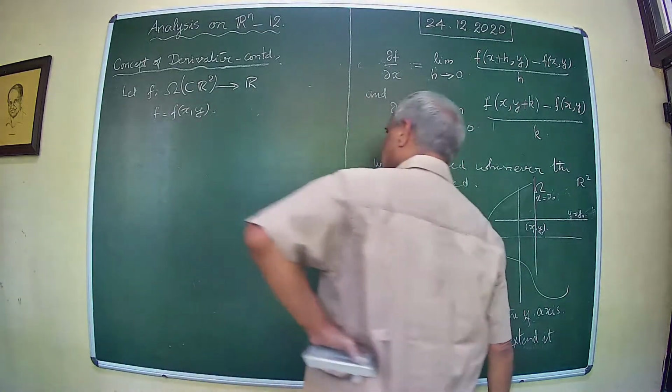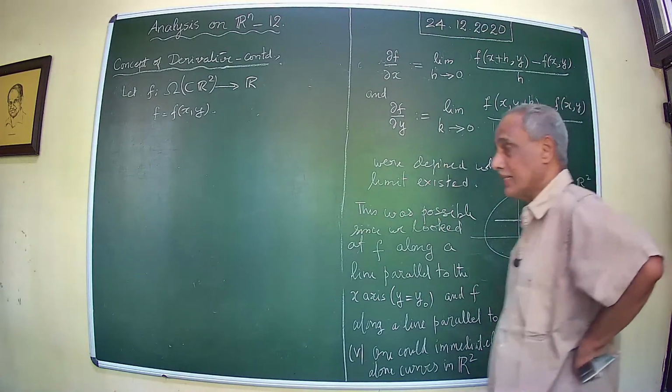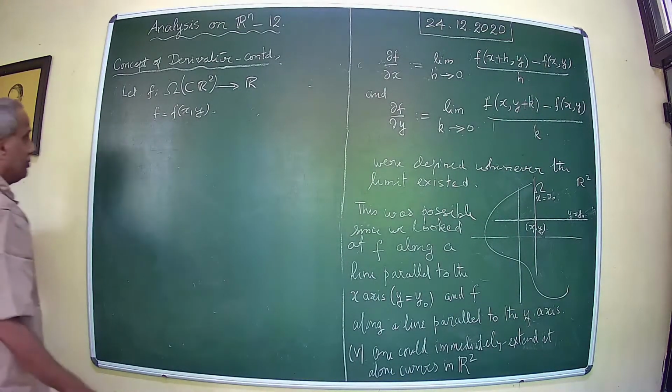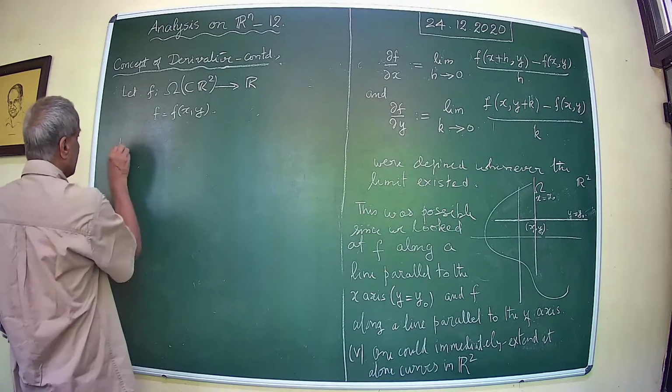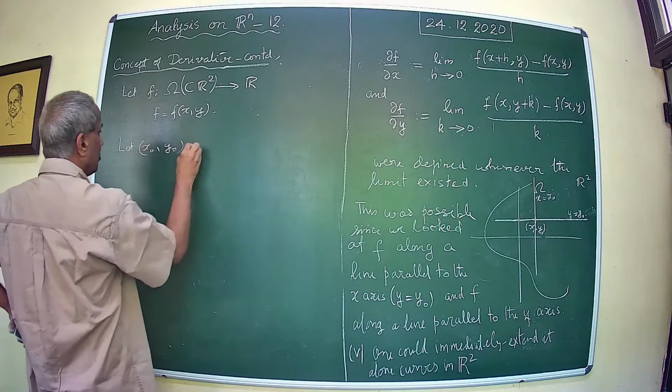So you can take it as a surface. Now we will come to those geometric images later. Now what you do is let x naught, y naught belong to omega.